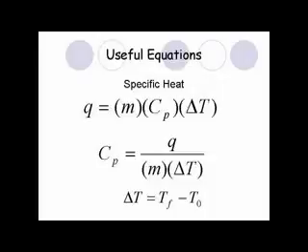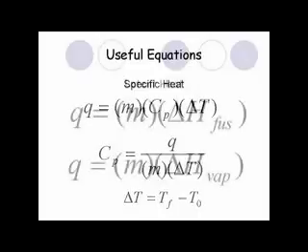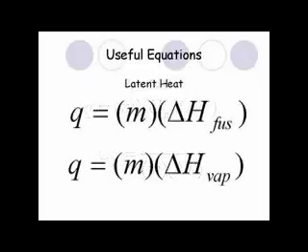Sometimes, if heat is being removed from a substance, that change in temperature will be negative. Remember that specific heat has to do with change in temperature, how much heat needs to be added or removed in order to change the temperature of 1 gram of a substance by 1 degree Celsius.